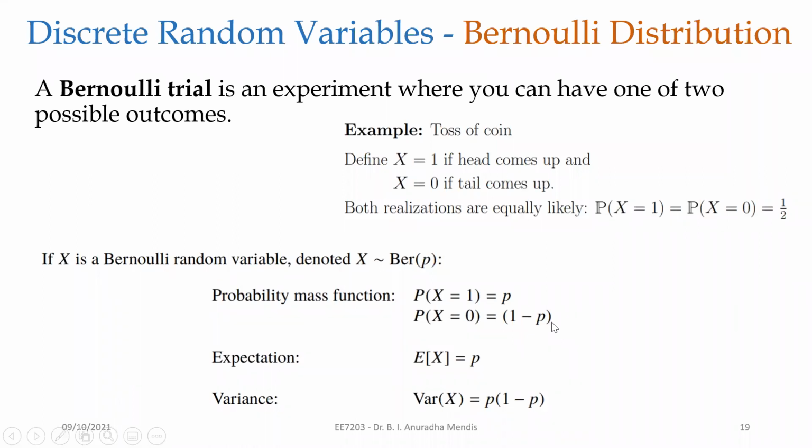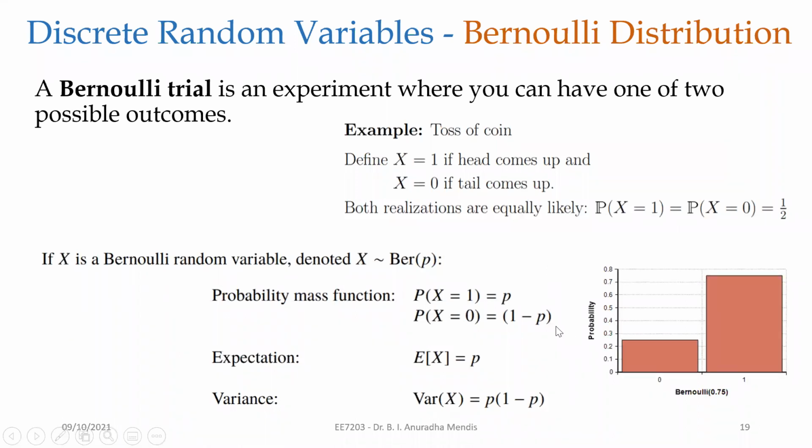If the coin is a fair coin, this p is equal to 0.5, so 1 minus p is also equal to 0.5. The expected value is equal to p, and the variance is equal to p times 1 minus p.